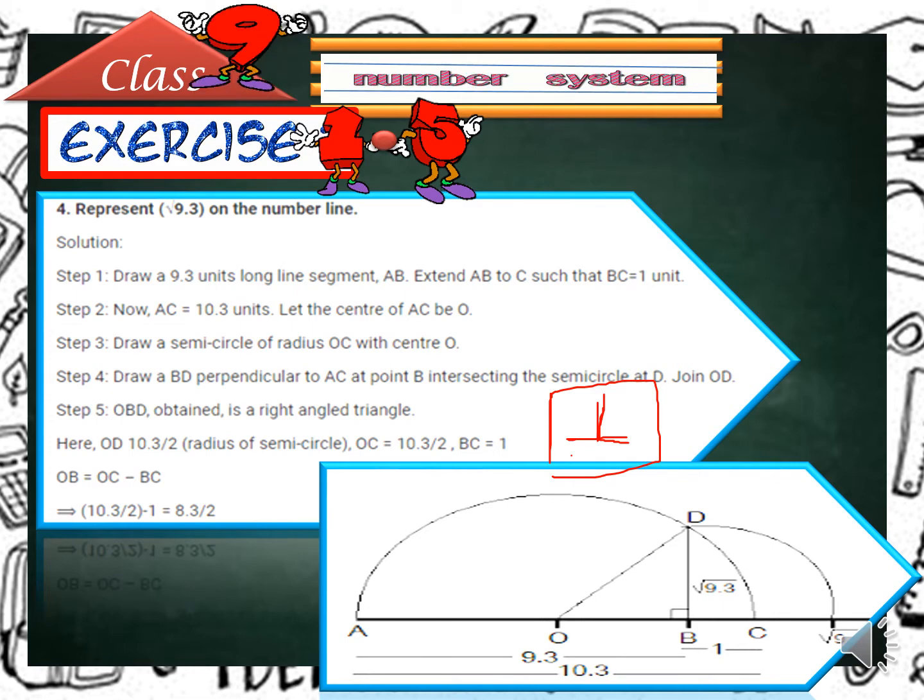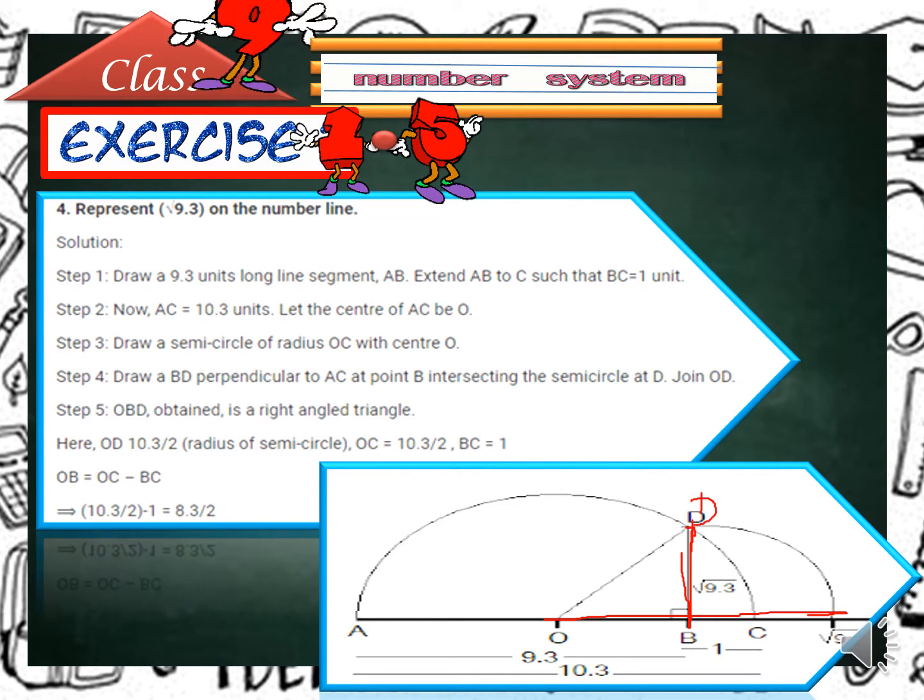Here this line is AC, and this point is B. Now we have to extend it as BD, so we can mark this as D. Let's see the diagram. Here this is the perpendicular line. Here only we are going to draw the line that is perpendicular to AC, mark it as D, and it should intersect the semicircle.